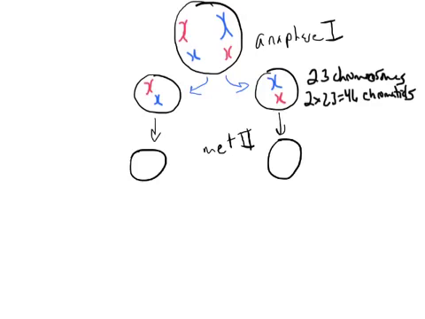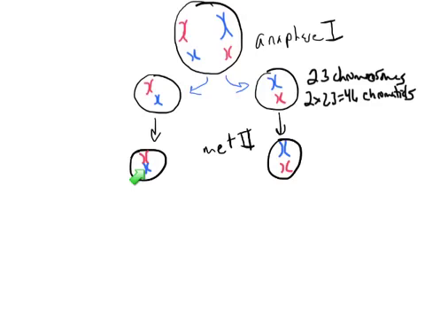You don't have homologous chromosomes lining up anymore, you don't have tetrads forming anymore, because there is no homologous chromosome left in these cells. You just have one long chromosome and one short chromosome in each cell.